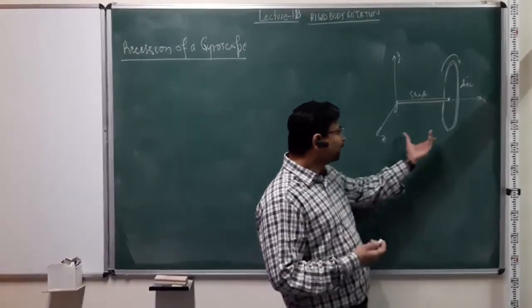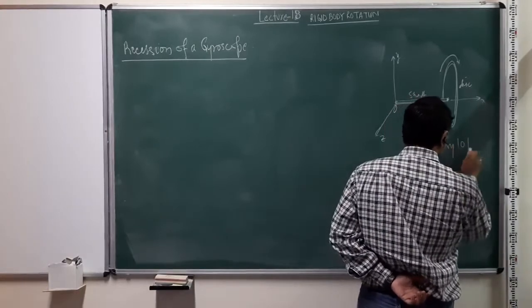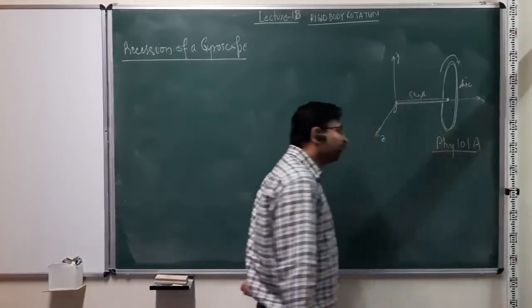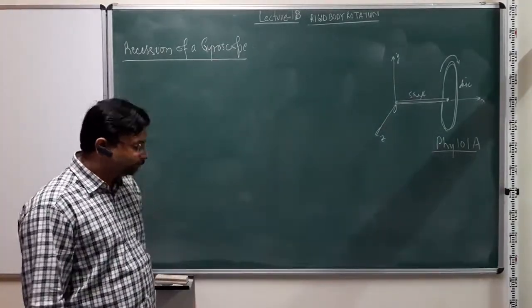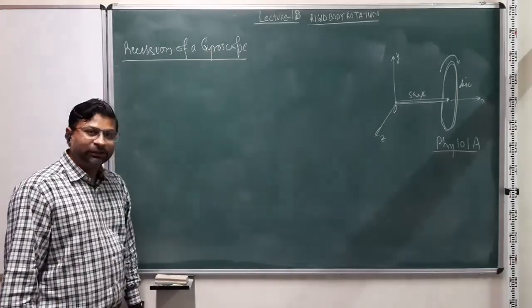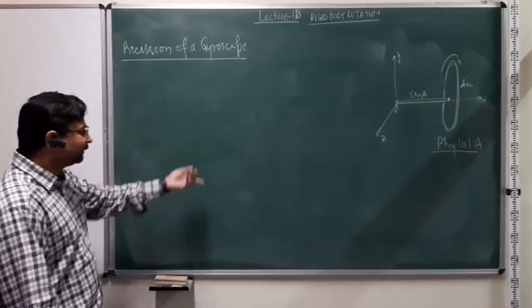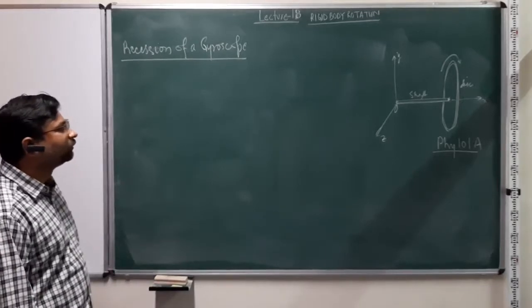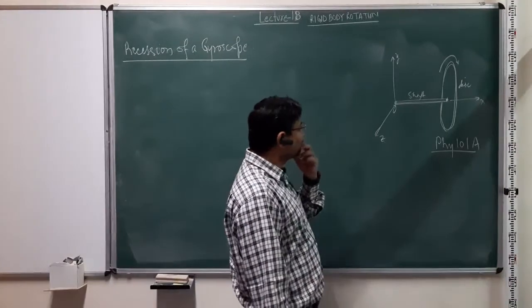And this is something which you have also done. So you can recall now in your PHY 101A lab, you do this experiment on gyroscopic precession, right? So it's the same phenomenon which we are now going to analyze in terms of the equation that I wrote down, right? So now let's first discuss what the phenomenon is.